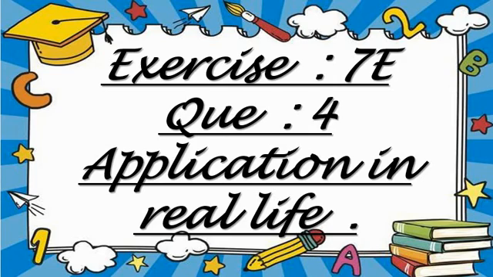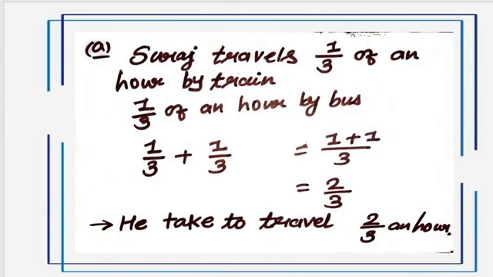Question number first. I will read the first question, because you have a PDF or textbook. Suraj travels 1 upon 3 of an hour by train and 1 upon 3 of an hour by bus every day. Suraj is the name of a boy, and he travels by train for 1 upon 3 of an hour, and by bus 1 upon 3 of an hour every day.